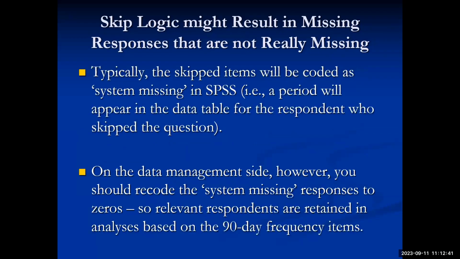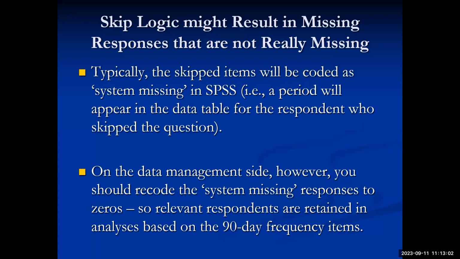Now, typically in SurveyMonkey, when we use this kind of skip logic, what happens is when the data file is output, the participant will be coded as system missing in the SPSS data file.